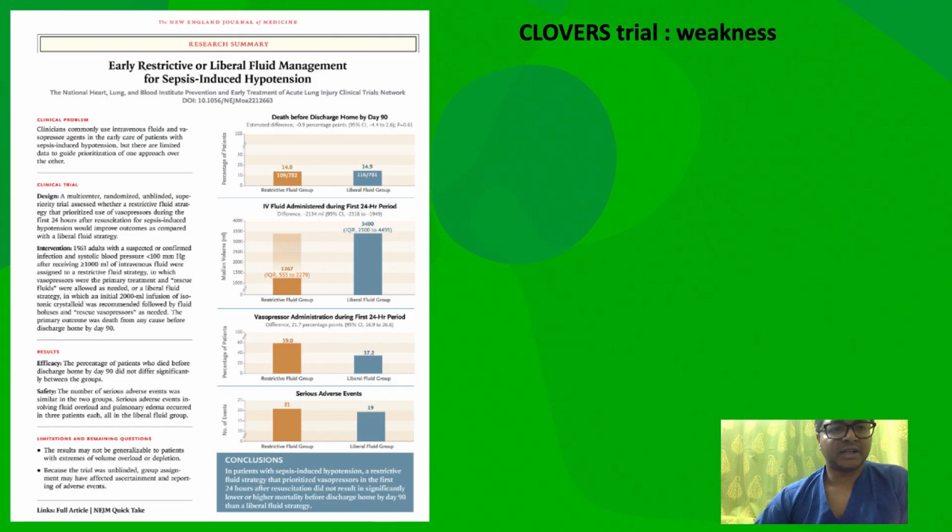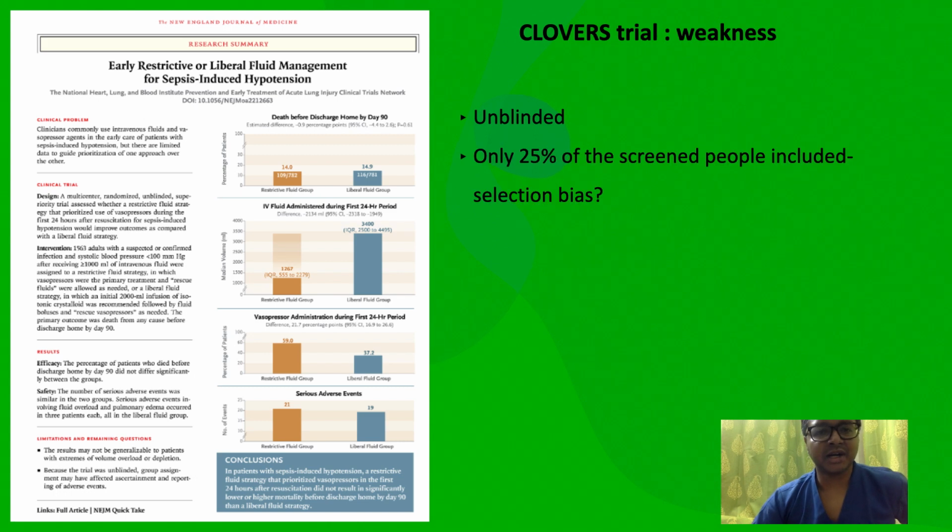Finally, in 2023, the CLOVERS trial was published, which increased our confusion regarding fluids, because this trial showed that the initial resuscitation strategy, liberal versus restrictive, didn't lead to any difference in outcome at 90 days. This trial is a very important trial, but it also has to be remembered that it has a few weaknesses. It was an unblinded trial. There might have been some selection bias.